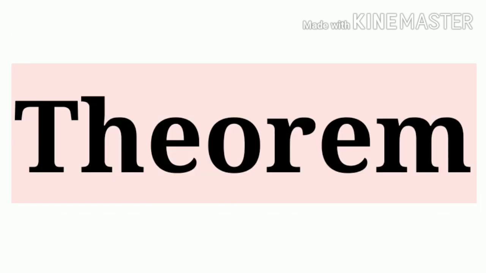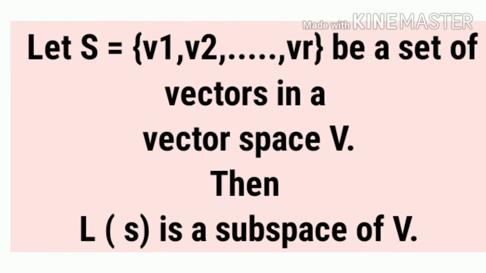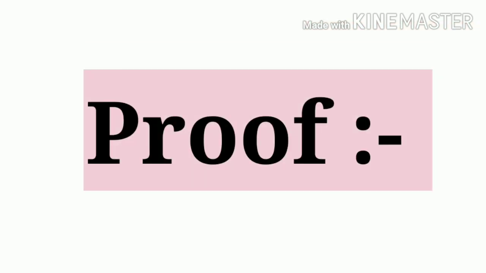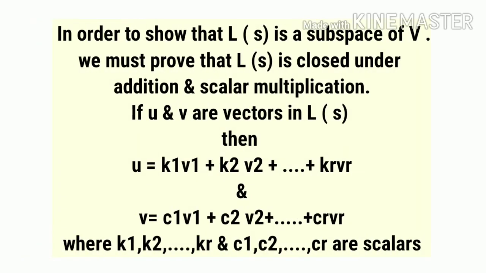Last and most important theorem on linear span. Consider a set S of vectors, vector V1, vector V2, vector V3 and so on, vector Vr, in vector space V. Then we have to show that L of S, the linear span, is a subspace of V. Solution of this theorem: in order to show that L of S is a subspace of V, we have to show that L of S is closed under addition and scalar multiplication.